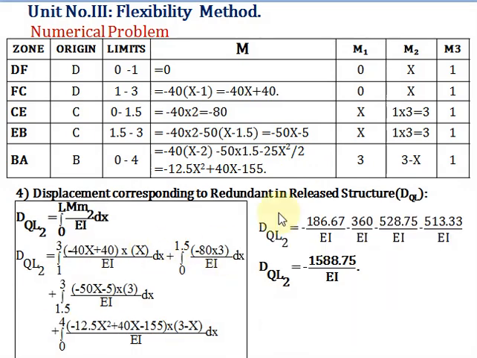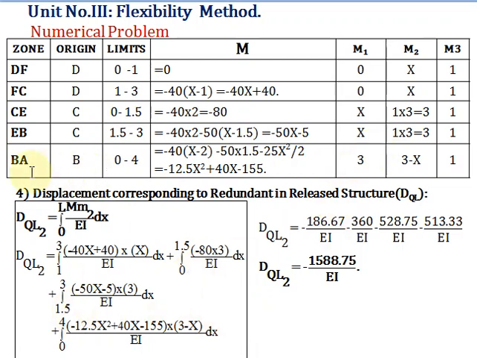Okay. So after calculating dQL1, we'll calculate dQL2. Again, for zone DF, as the value of capital M is 0, this term will be equal to 0, and for FC, limit 1 to 3, minus 40x into x upon EI. Then for zone CE, limit 0 to 1.5, minus 80 into 3.